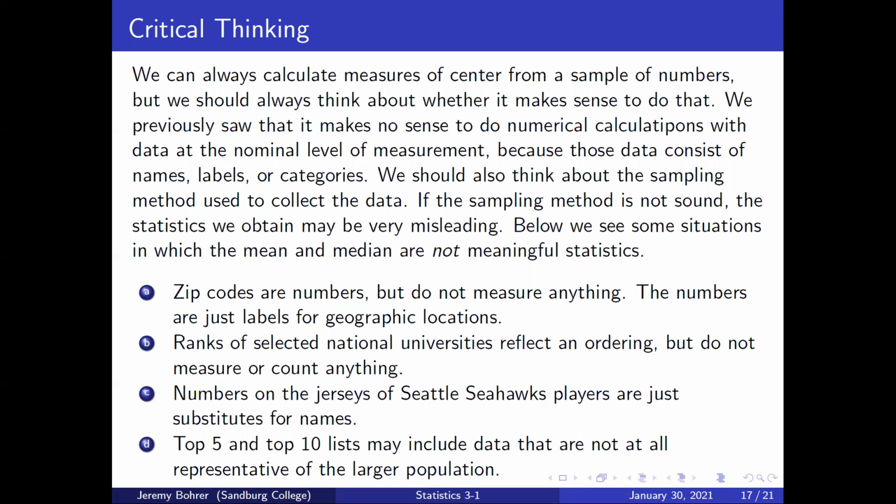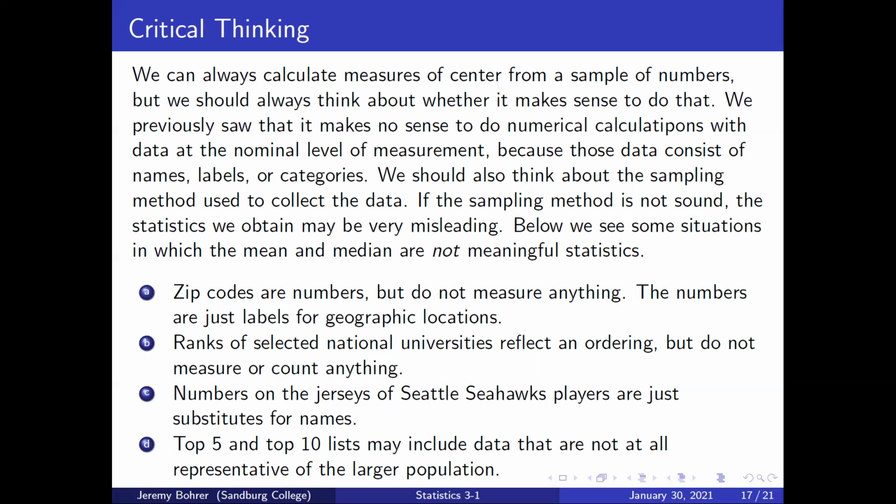We previously saw that it makes no sense to do numerical calculations with data at the nominal level of measurement because those data consist of names, labels, or categories. We should also think about the sampling method used to collect the data. If the sampling method is not sound, the statistics we obtain may be very misleading. Below we see some situations in which the mean and median are not meaningful statistics.